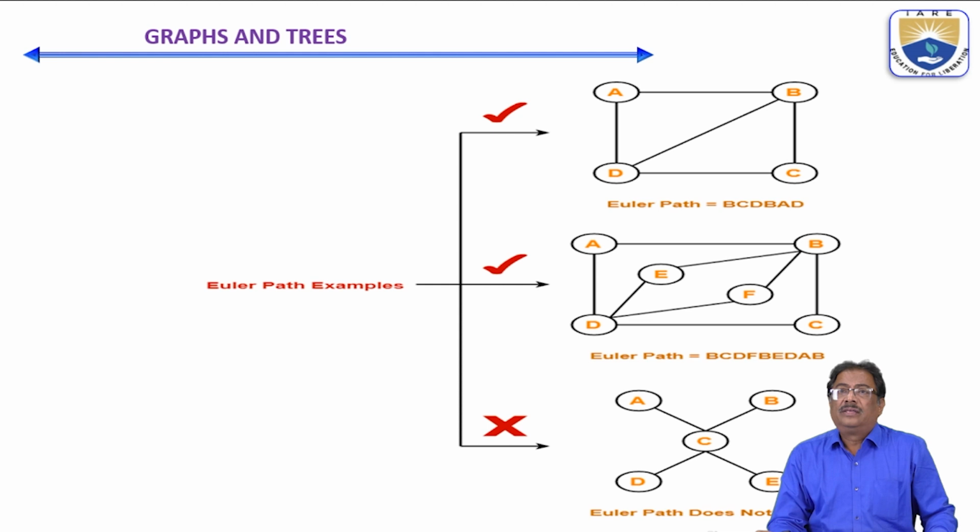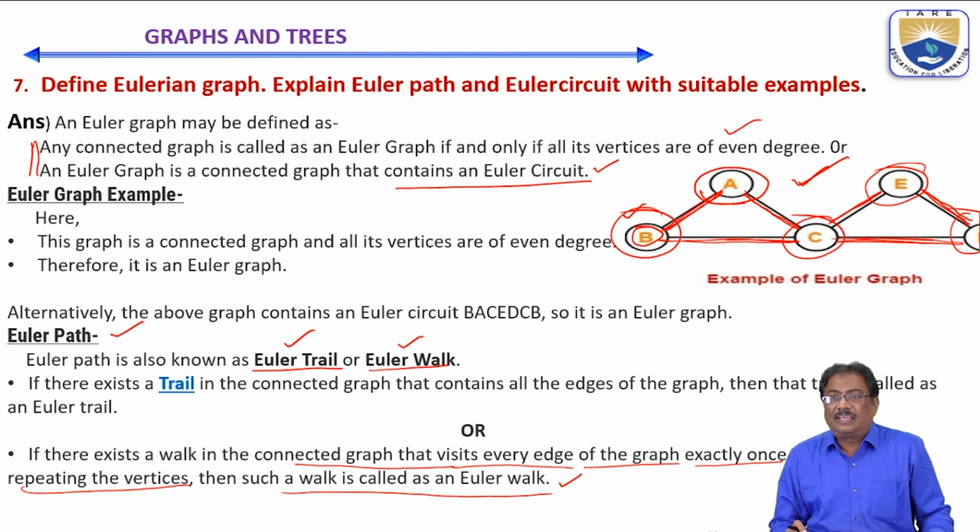Then let us go for the Euler's path. Now, here the first one is an Euler's path. This is an open walk. It is nothing but an open walk in a connected graph that contains all the edges of the graph. Then the trail is called an Euler's trail.